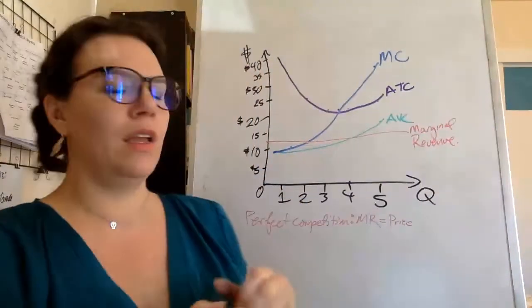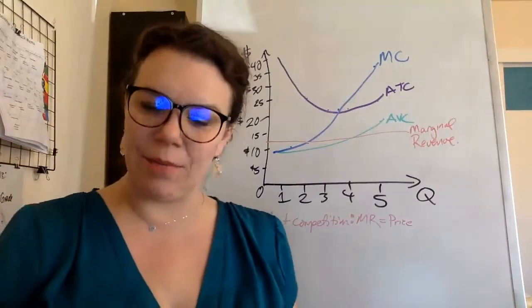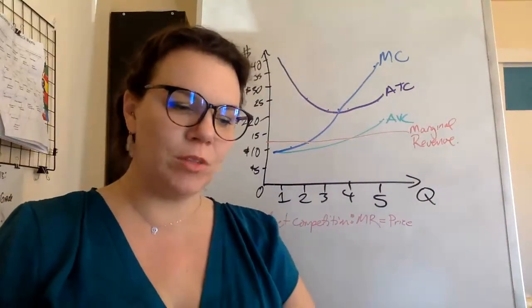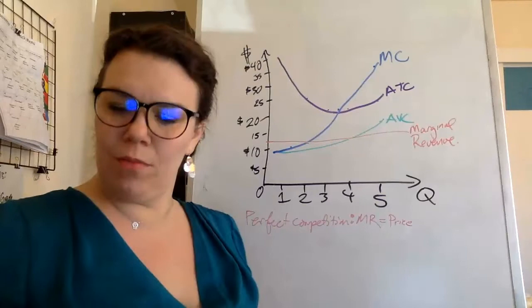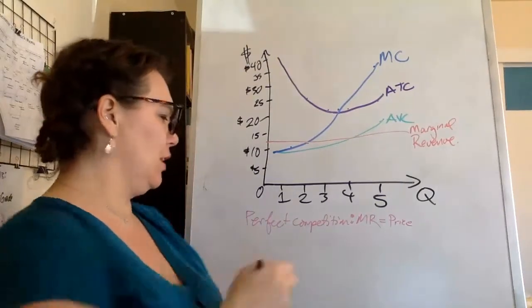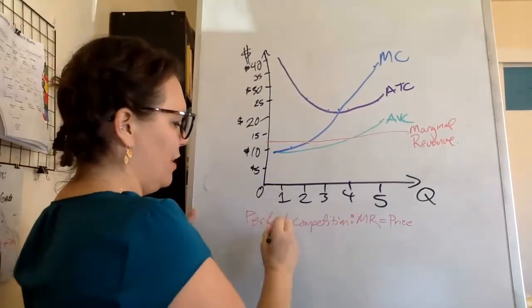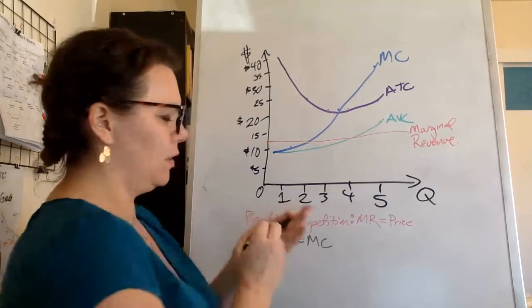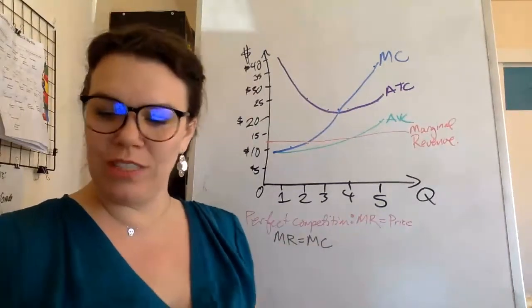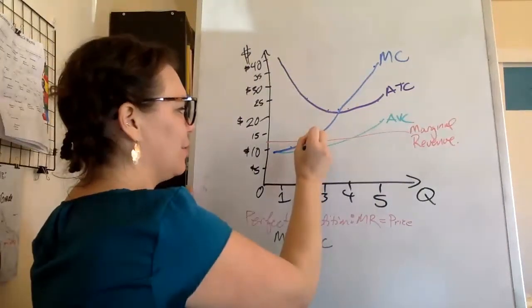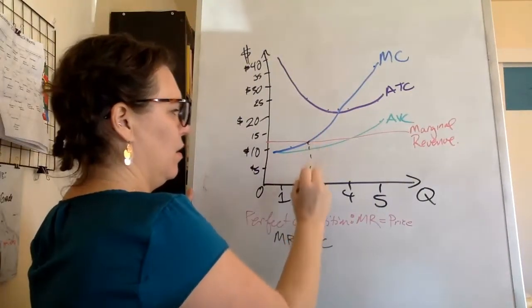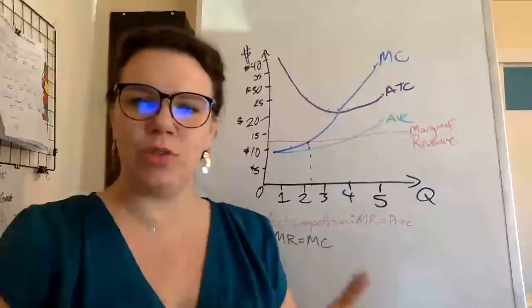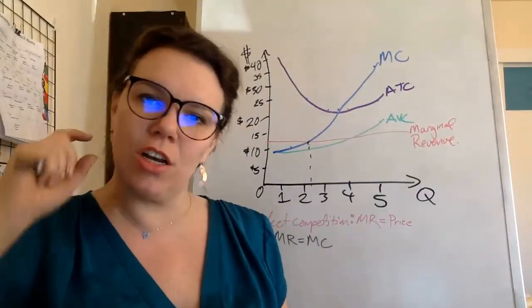Cool. Now, this is the exciting part. Remember, we said that firms are going to produce where marginal revenue is equal to marginal cost, and that they won't have an incentive to produce anything else. So we can find where marginal revenue is equal to marginal cost right here, right? And this is where it gets a little bit tricky depending on how you graph your marginal cost curve.